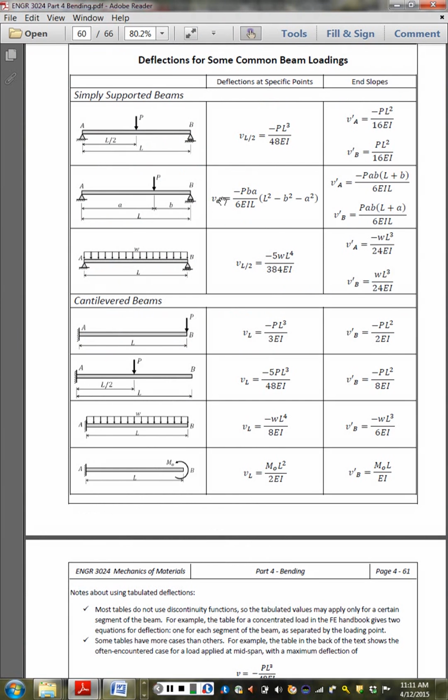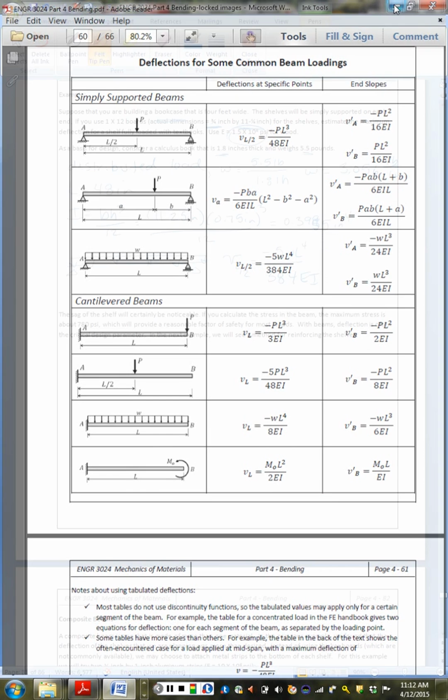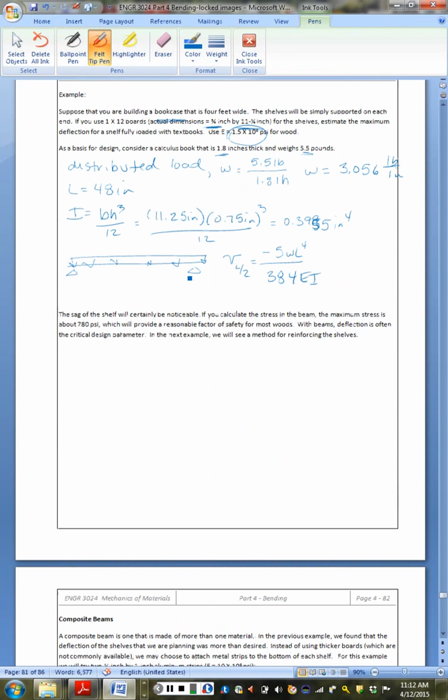In this case, it's at location a, which is the distance from the left support to the applied load. In the cantilever cases, on the bottom half of 4-60, all of these have the maximum deflection at the end of the beam, at v sub L. So make sure that you understand where the formula is giving you your max deflection, and then we can substitute in.